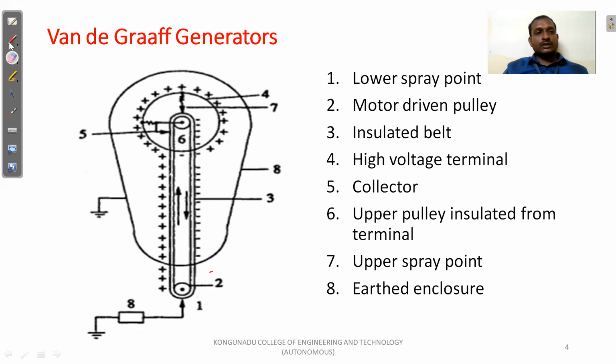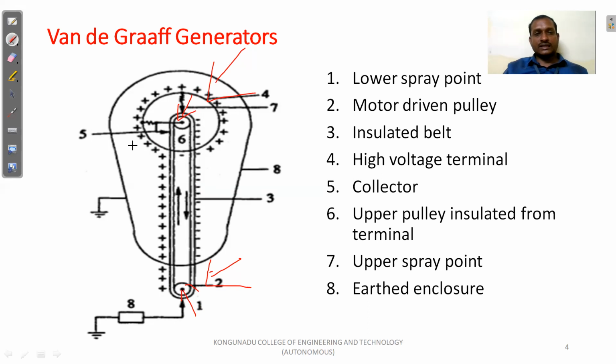It has two electrodes: one is the lower electrode and the other is the higher electrode, also called the lower spray point and higher spray point. And two pulleys, the lower pulley and the higher pulley. These are motor-driven pulleys, driven by the electric motor. The fourth one is the high voltage terminal.